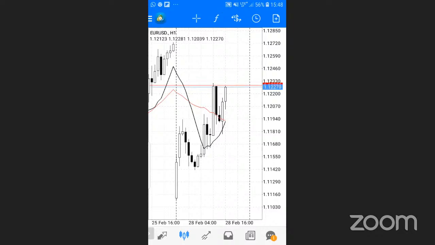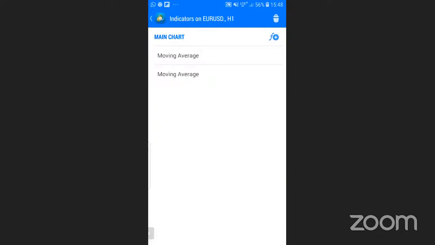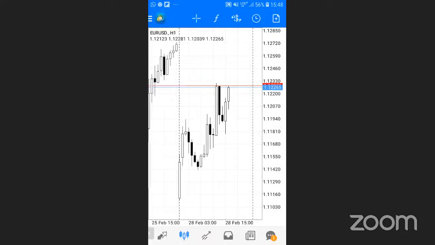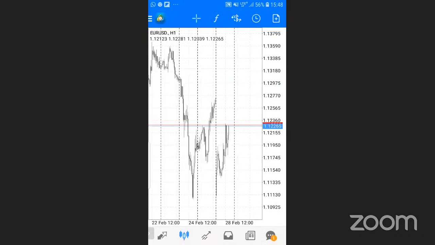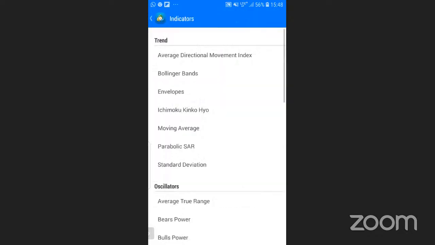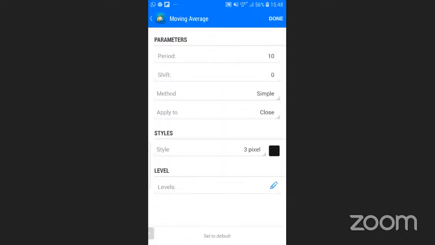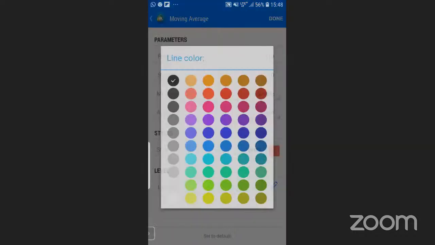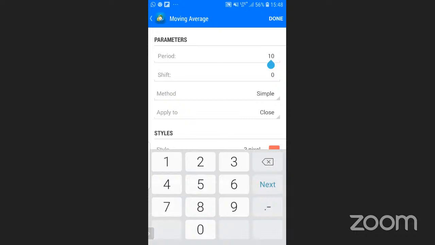Okay, now let's go back and do it one first. Let me go to the moving average and change the color. Let me use 50 period, done.